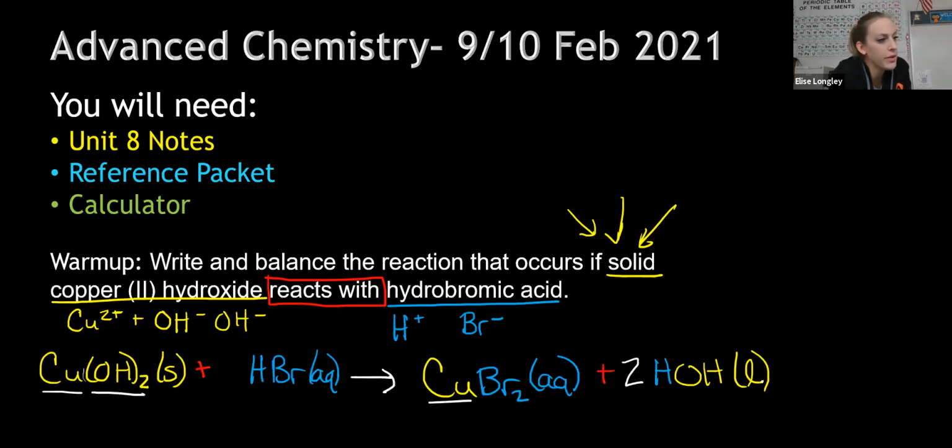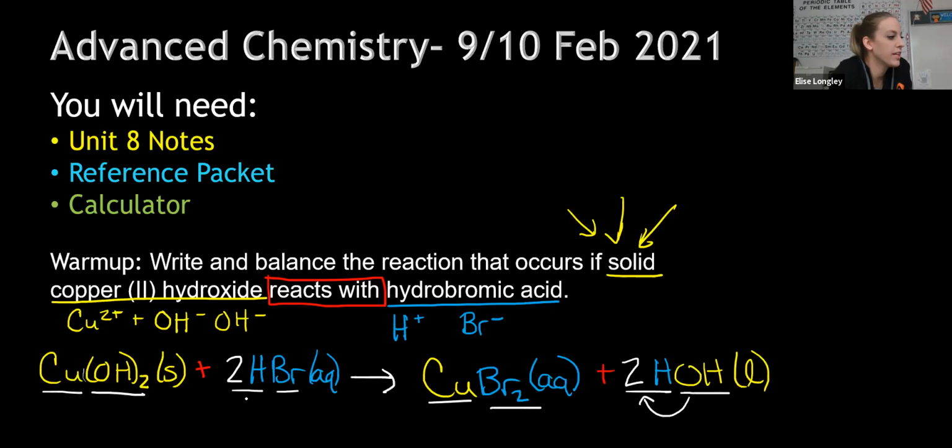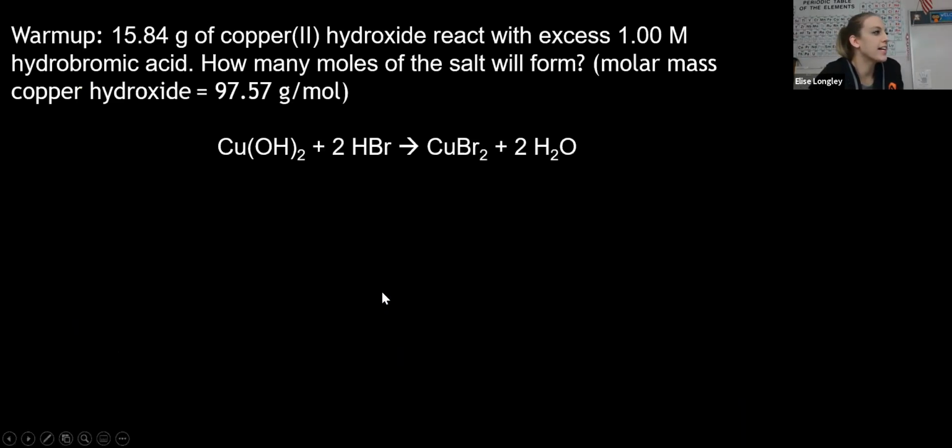Then you saw there was 2 OHs and 1 OH, which means we need to put a 2 here, right? Yeah. All right, what's next? Put a 2 in front of the HBr because you just made 2 H's and then there's 2 Br on the copper. And that gives 2 and 2. So now we are balanced. Good job. All right, so that's this.